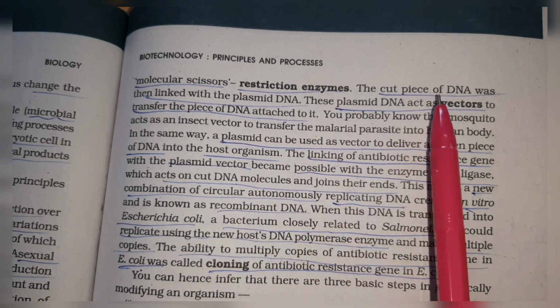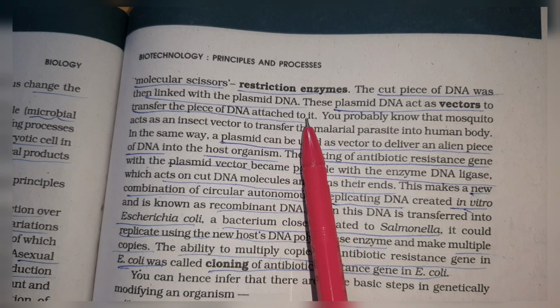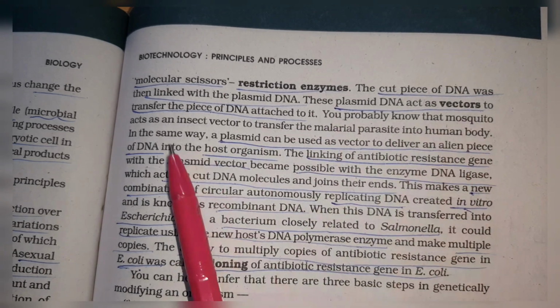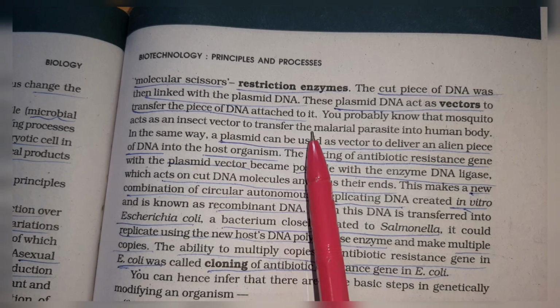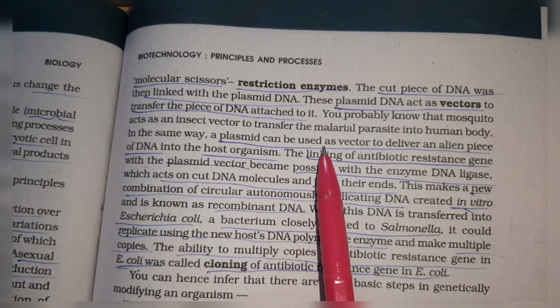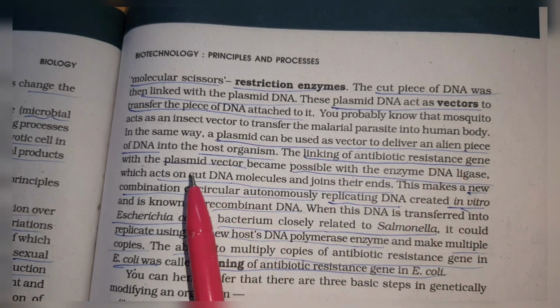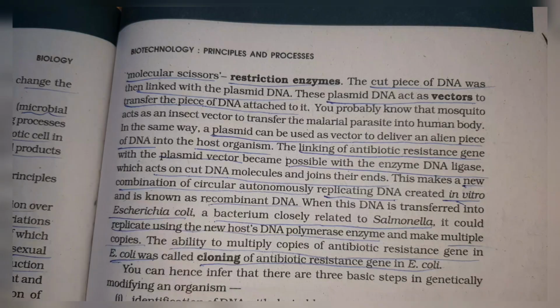The plasmid DNA acts as a vector to transfer the piece of DNA attached to it. You probably know that a mosquito acts as an insect vector to transfer the malarial parasite into the human body. In the same way, a plasmid can be used as a vector to deliver an alien piece of DNA into the host organism.